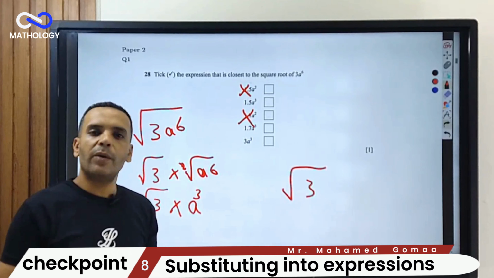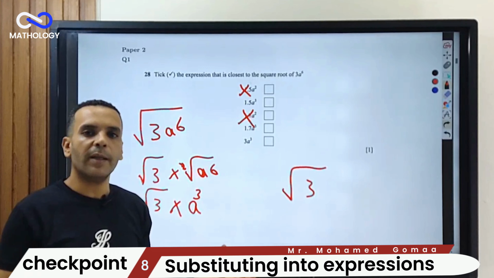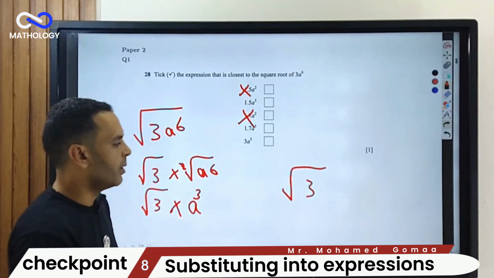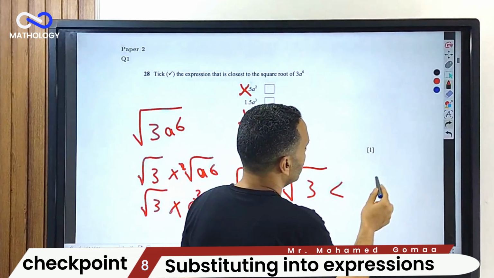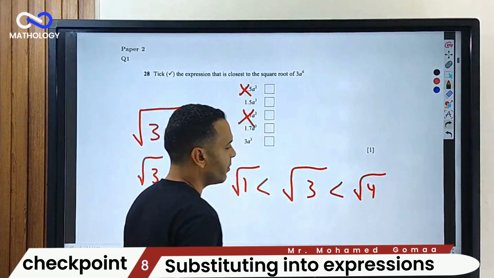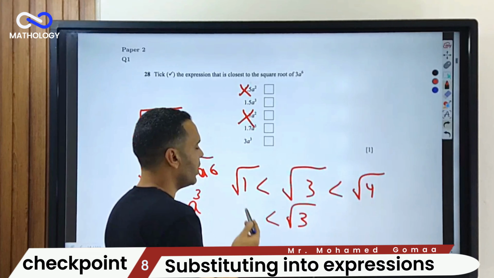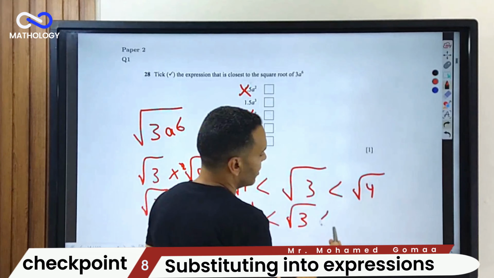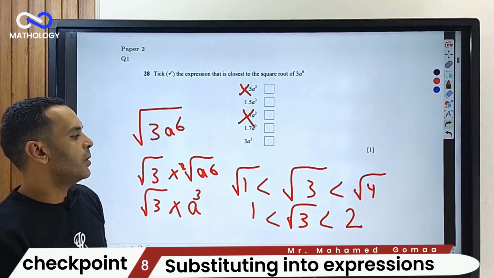This number, square root of 3, is between square root of 1 and the square root of 4. Square root of 3 is greater than square root of 1 and smaller than square root of 4. That means square root of 3 is between square root of 1, which equals 1, and the square root of 4, which equals 2, between 1 and 2.